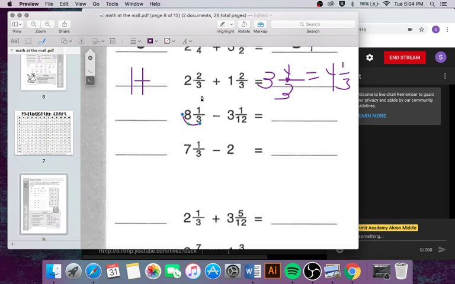So this is going to change into 25 over 3. Twelve times 3 is 36, plus 1 is 37, so this is going to be 37 over 12.